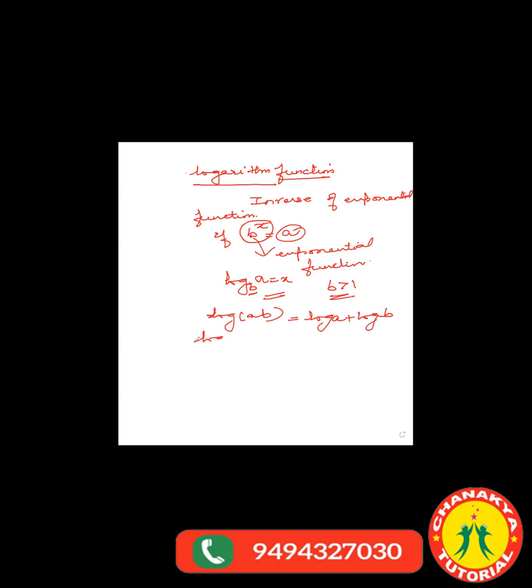If it is division of two numbers, you will write log a minus log b. If log m raised to the power n is there, the power will come forward: n log m. And log 1 is always equal to 0. Okay, beta?